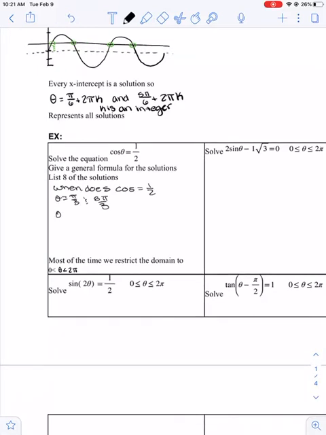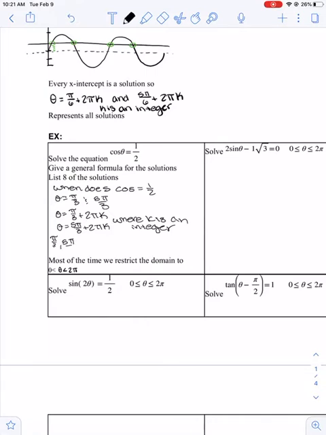So to write our general formulas, we would say theta equals pi over 3 plus 2 pi k, and theta equals 5 pi over 3 plus 2 pi k, where k is an integer. Now we're going to list 8 of those solutions.